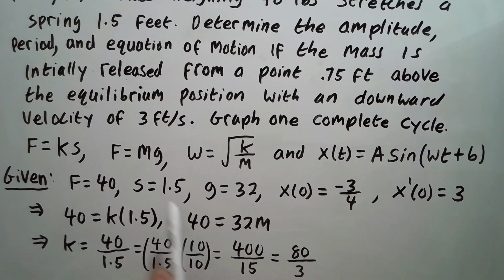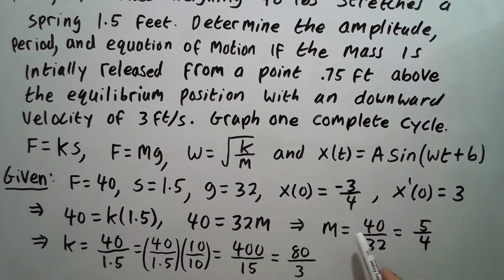Then we'll also have this equation here, so we'll have 40 equals m times 32, so 32m. Let's solve for m because I need to use the m up here to find my w. So dividing by 32 we get m equals 40 over 32, which reduces to 5 over 4.